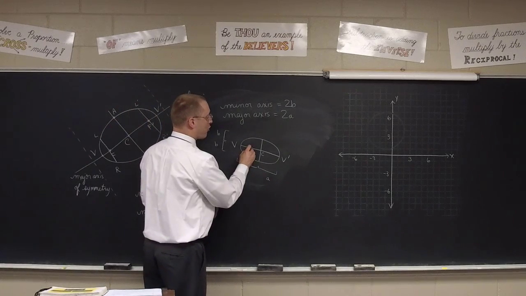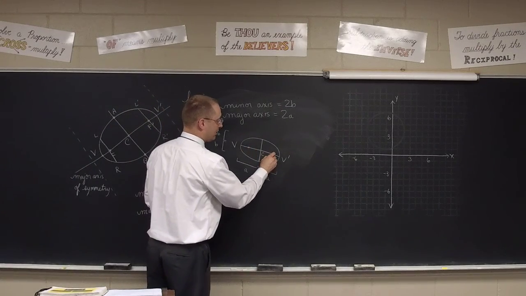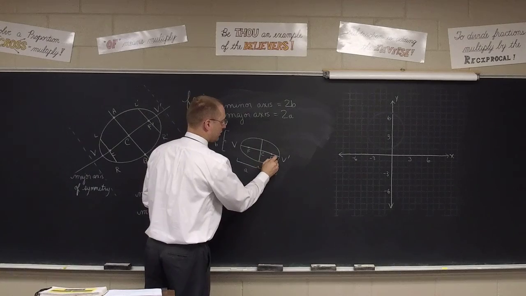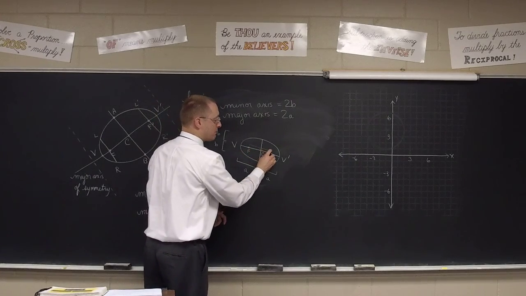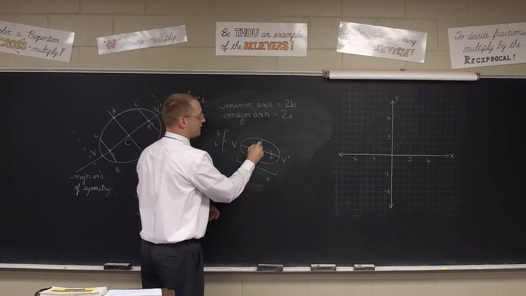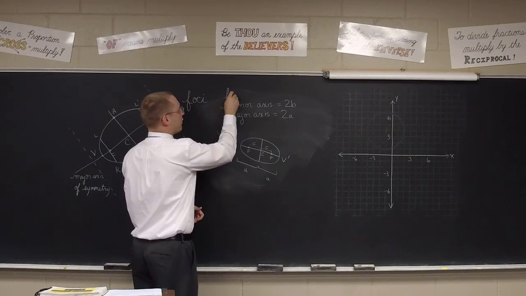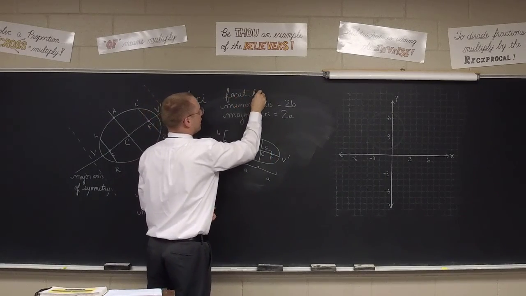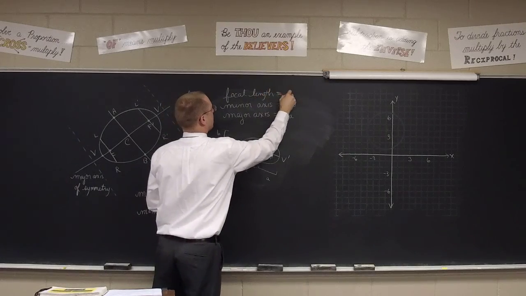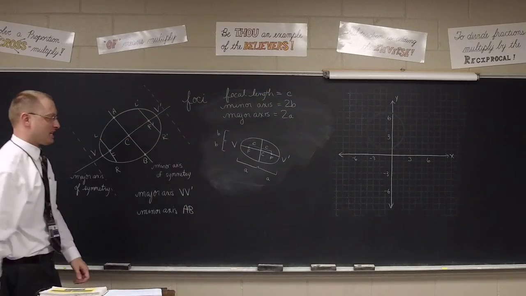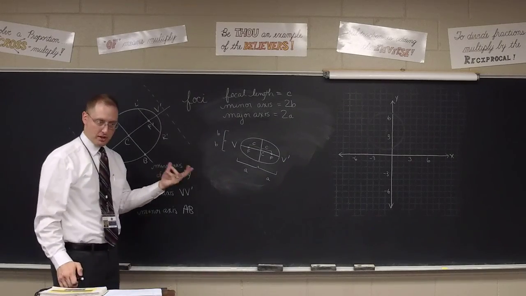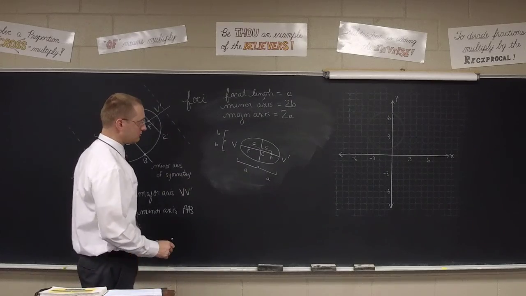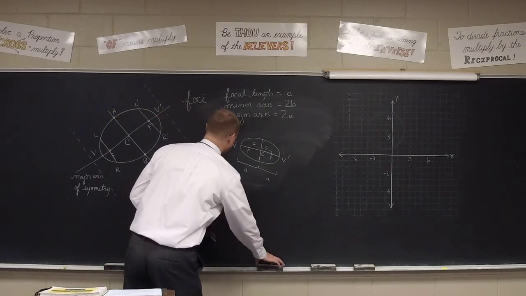Again, you're going to have focal points or foci along here. This distance from focus to center, and again, it's going to be the same on both sides, is represented by the little letter C. So the focal length is represented C. So we're using these lowercase letters to represent different lengths within the ellipse. C is the focal length.